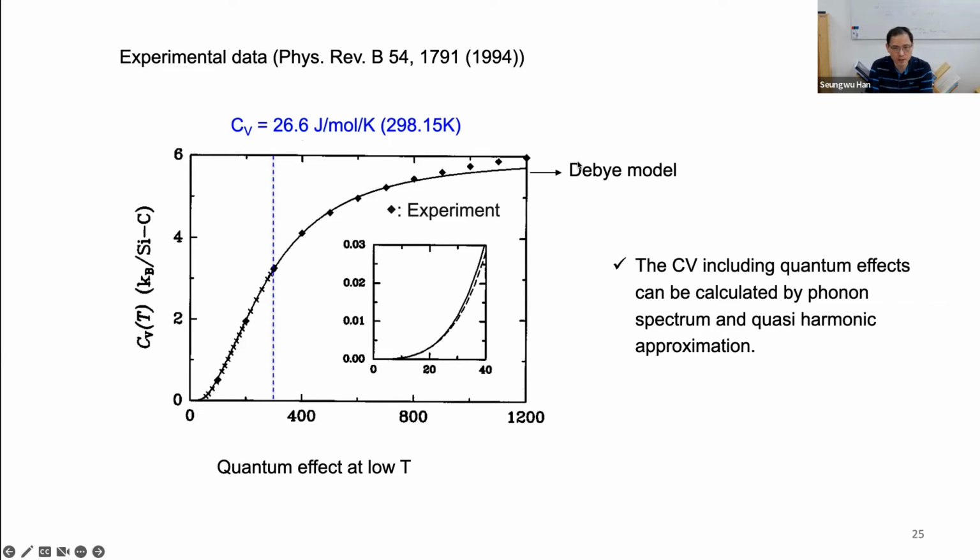And it is very well fitted by the Debye model. We can do this, but in order to obtain such a heat capacity within quantum mechanics, then rather than MD simulation, we have to calculate the phonon spectrum and apply the quasi-harmonic approximation. So in that way, we can obtain such experimental data very precisely. Okay.